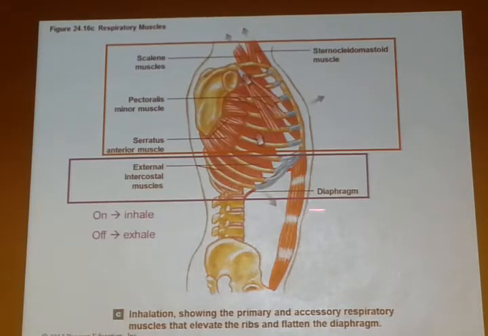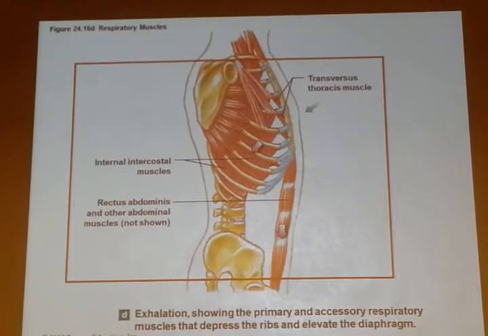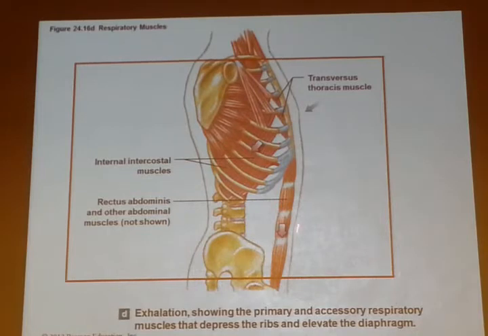So external intercostals and diaphragm, they're on during inhalation. They are off to produce exhalation. So no work is done during exhalation except passive work. And then for forced expiration, you add in all your abdominal muscles, not just rectus abdominis, but external, internal obliques, and transversus abdominis.